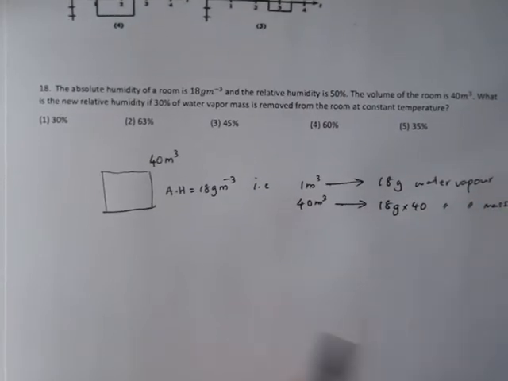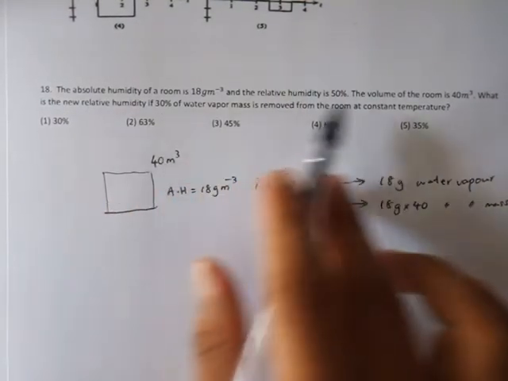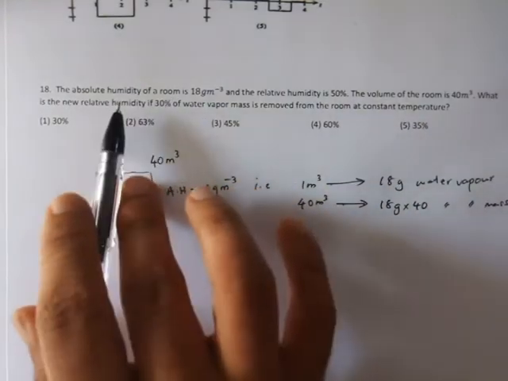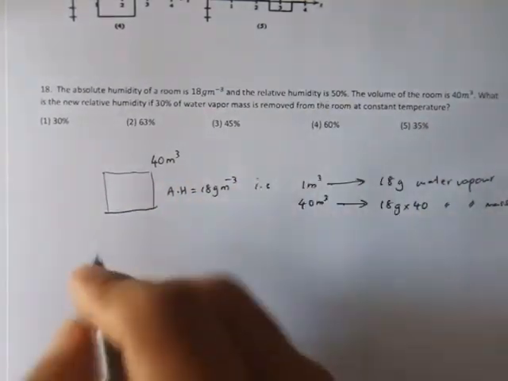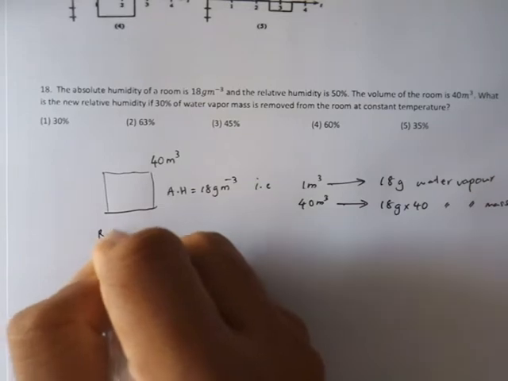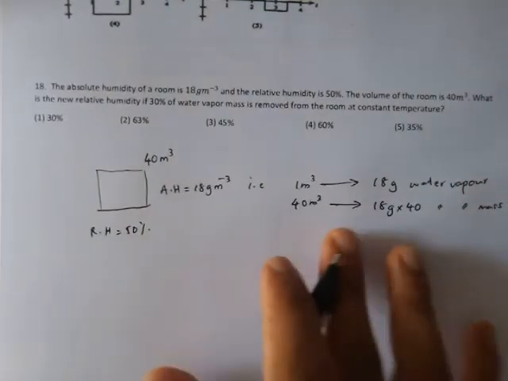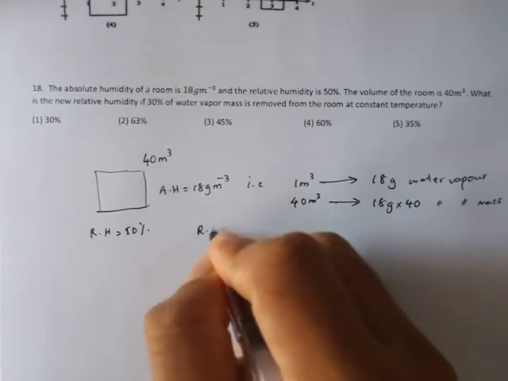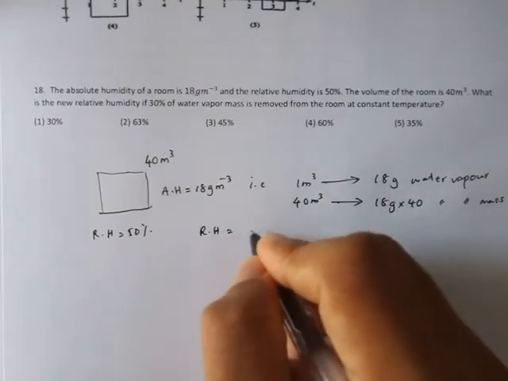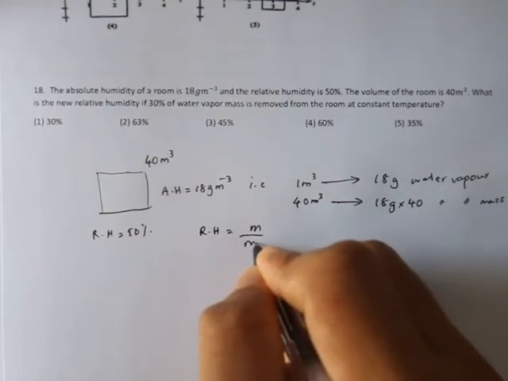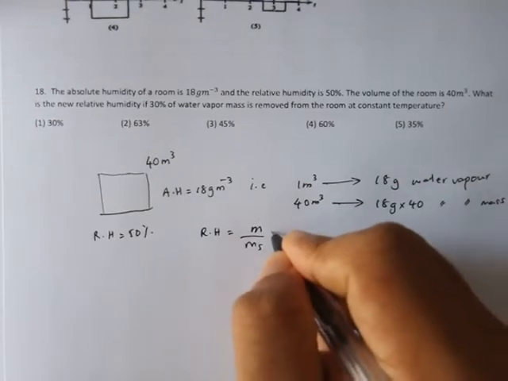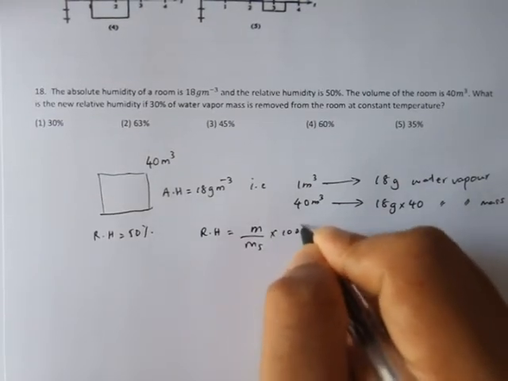Okay, and it says the relative humidity is 50%. So RH equals 50%, and we know relative humidity is equal to the mass over the saturated water vapor mass times 100%.